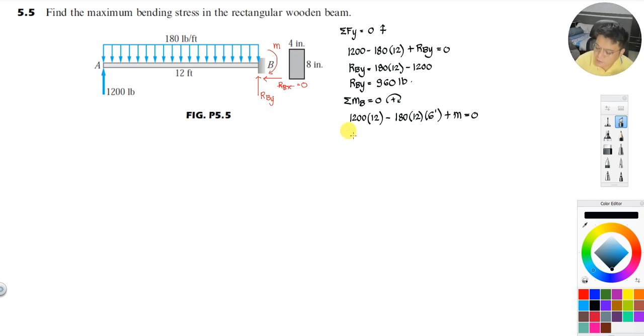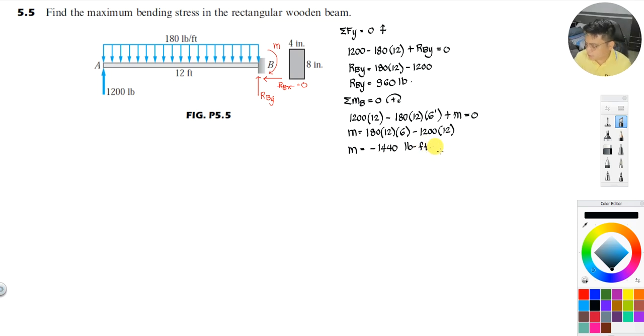Okay? So, we can have the M equal to 180 times 12 times 6 minus 1,200 multiplied by 12. So, I can have the M. So, that is 180 times 12 times 6 minus 1,200 times 12. So, okay, you can have it as negative 1,440 pound-feet.